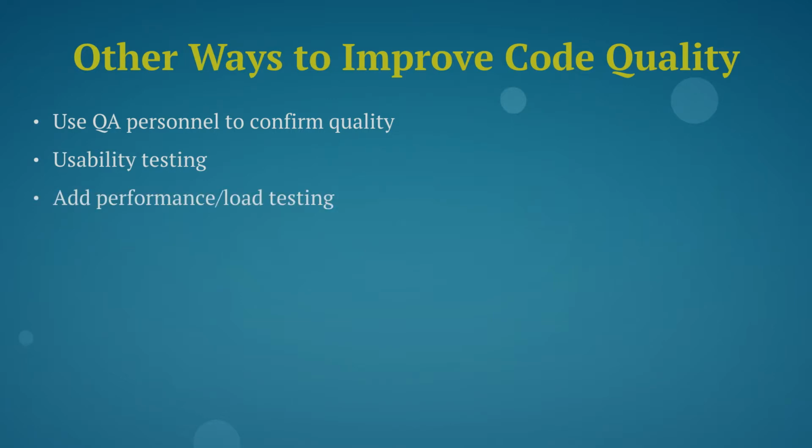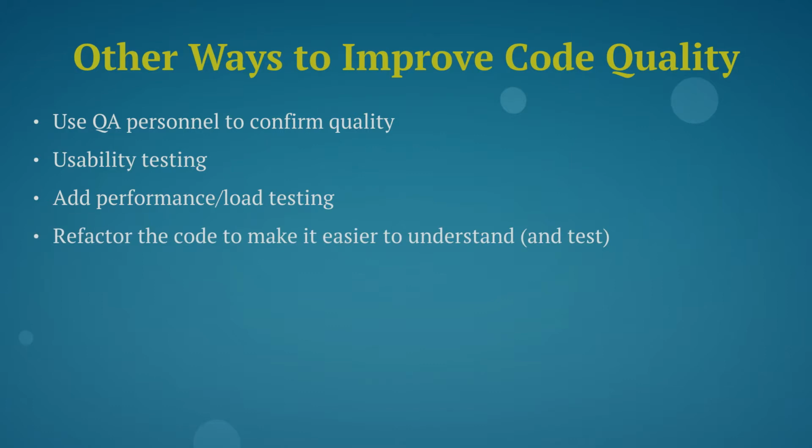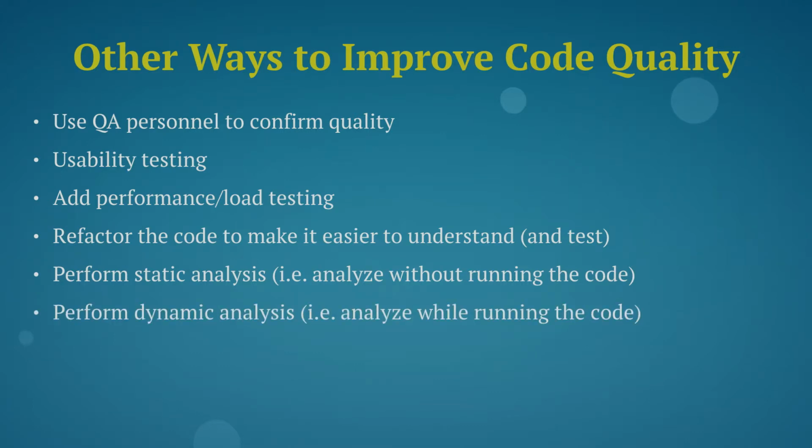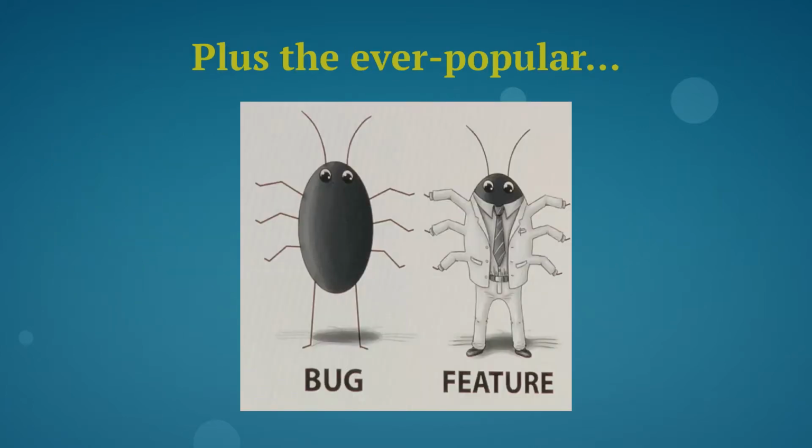You can add performance/load testing. You can refactor the code to make it easier to understand and to test. You can perform static analysis, perform dynamic analysis, which means running the code and capturing information, metrics as it runs. And the ever popular discussion, is it a bug or is it a feature?